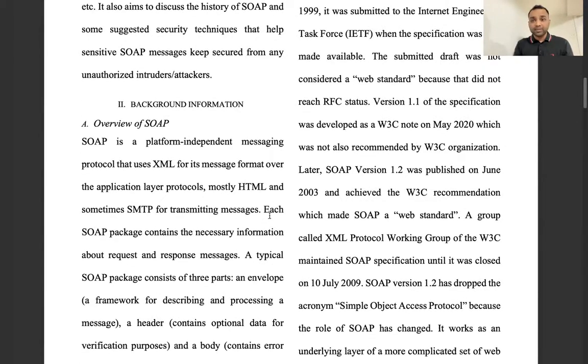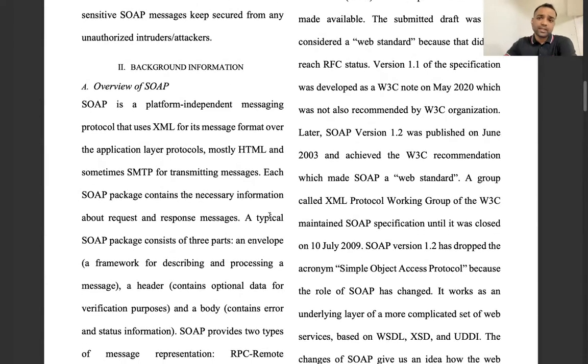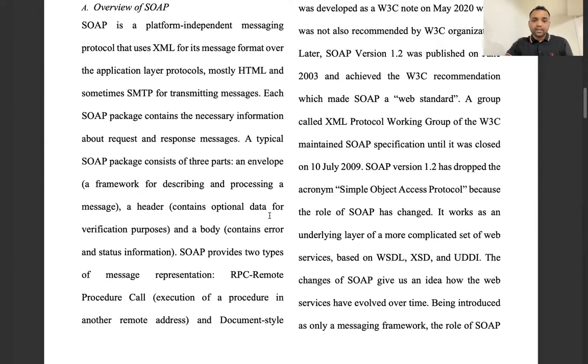SOAP is platform independent. This is one of the advantages, that it can perform regardless of which operating system you are using or which environment you are in. You will be able to transfer messages between devices without considering the platform you are using.